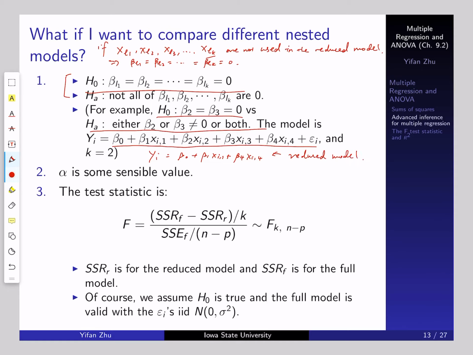When beta 2 and beta 3 are equal to 0, that means these two predictors are not used.